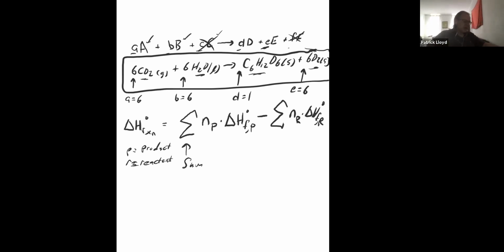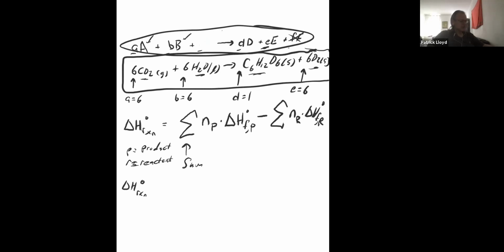So let's come back up to this over here, and I'll show you what I mean. For delta H of reaction, I'm going to uncancel these, the lowercase f and uppercase F. So here's how you do it.